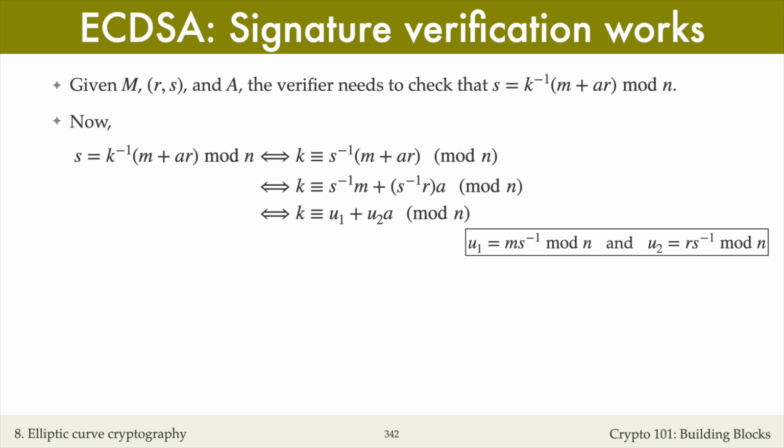Let me define S inverse times M to be U1 and S inverse times R to be U2. And so we get this equivalent congruence.